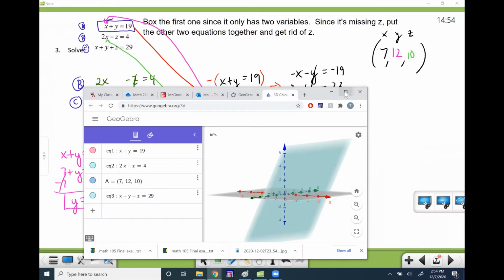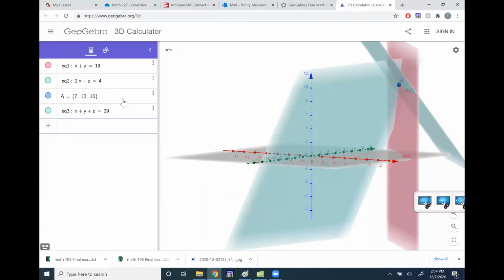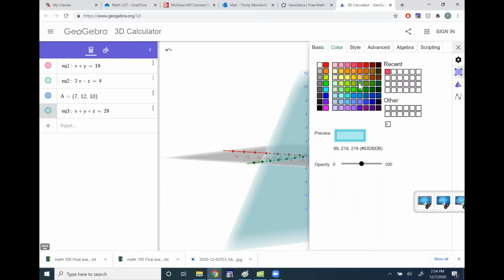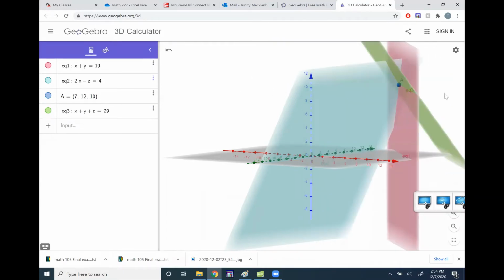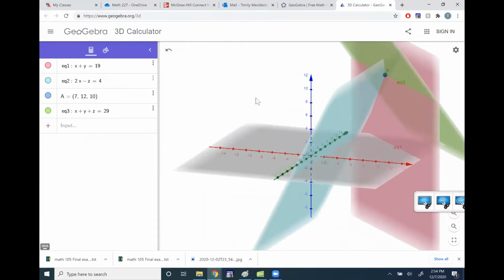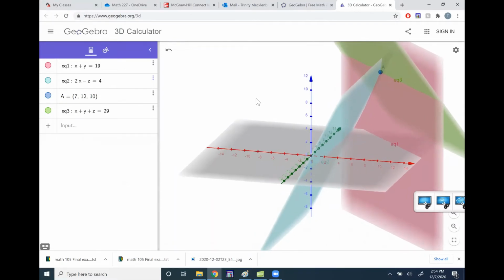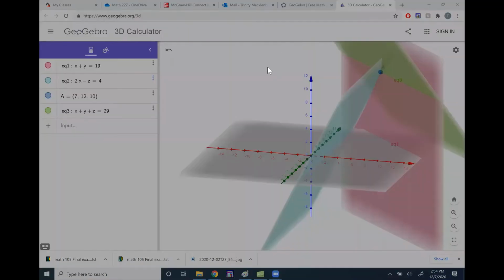Okay, let's see here. There we go. Let me make that one a different color so we can see it. It used to be they'd always make everything a different color. That was the settings, but I don't know what happened to GeoGebra. All right, there you go. So you can see that the pink, the green, and the blue all go through that point right there, right? Let me get a nice picture of that.